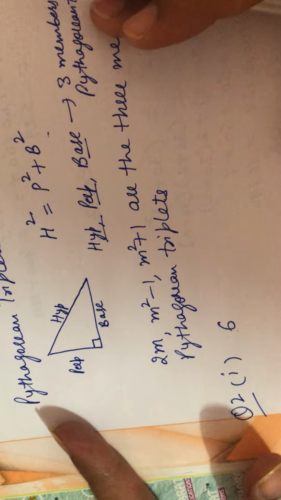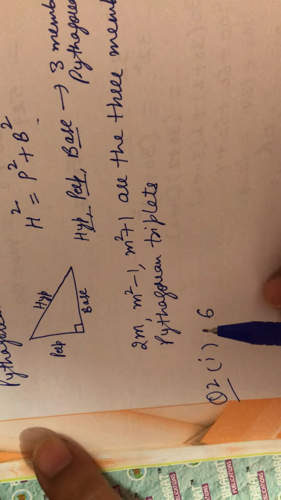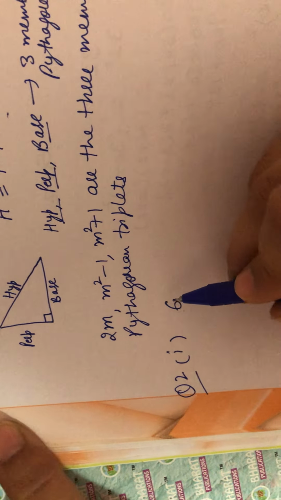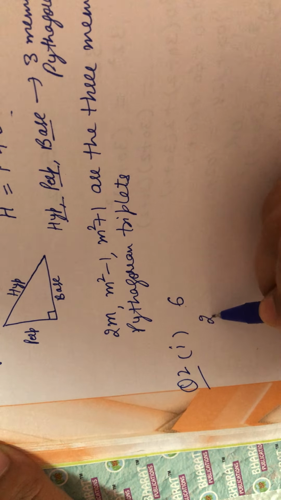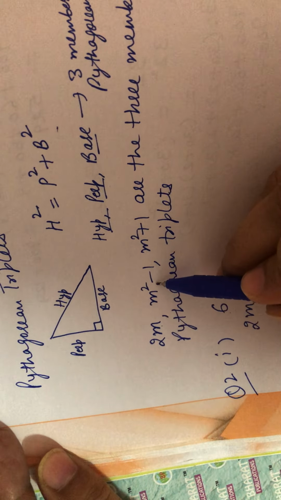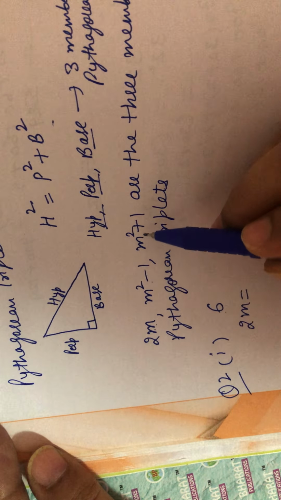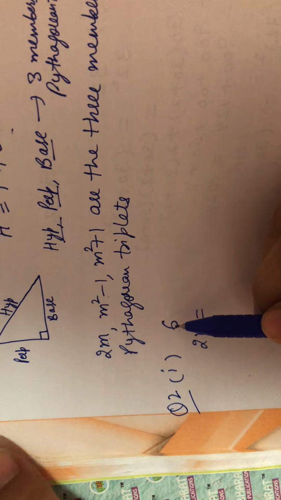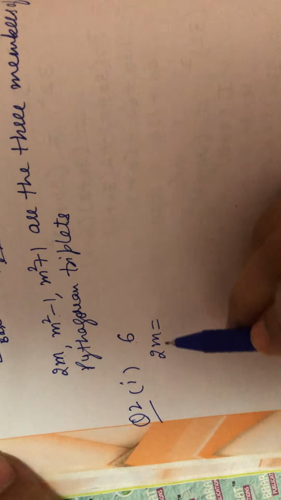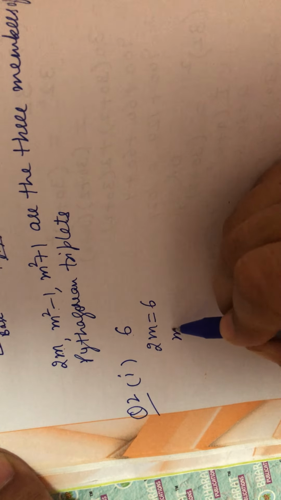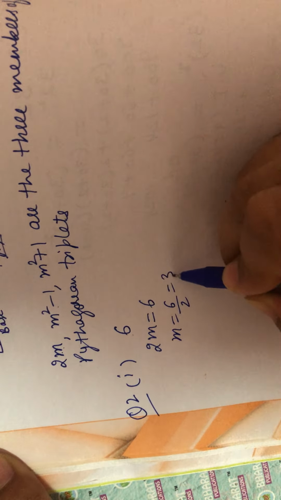So we are going to deal with even numbers in this exercise. When one member is given to you and that member is also even, put it equal to 2m, as these are the three members, 2m, m square minus 1, m square plus 1. So from here you can easily find out m.